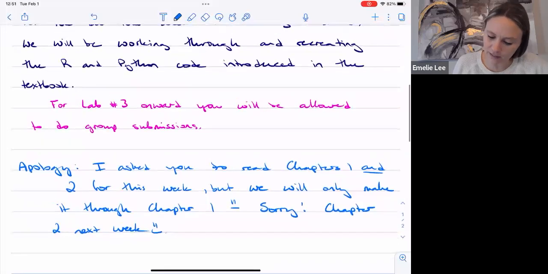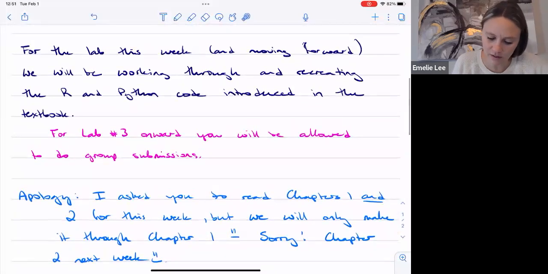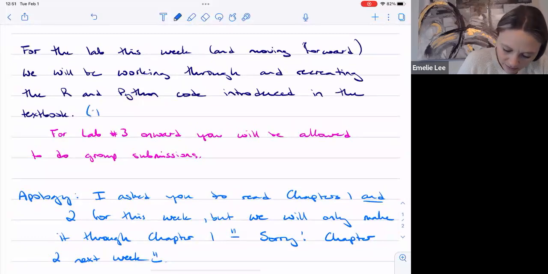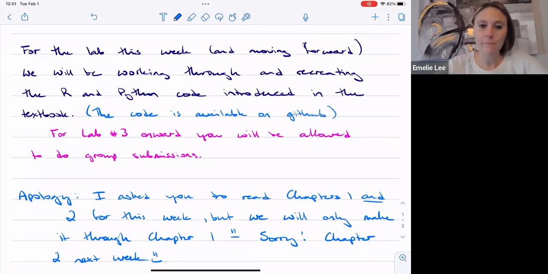And one thing that I want to mention here is that the code is available on GitHub. I'll make that part of the lab, where I'll show you how to get it and how to use it and what you can do.